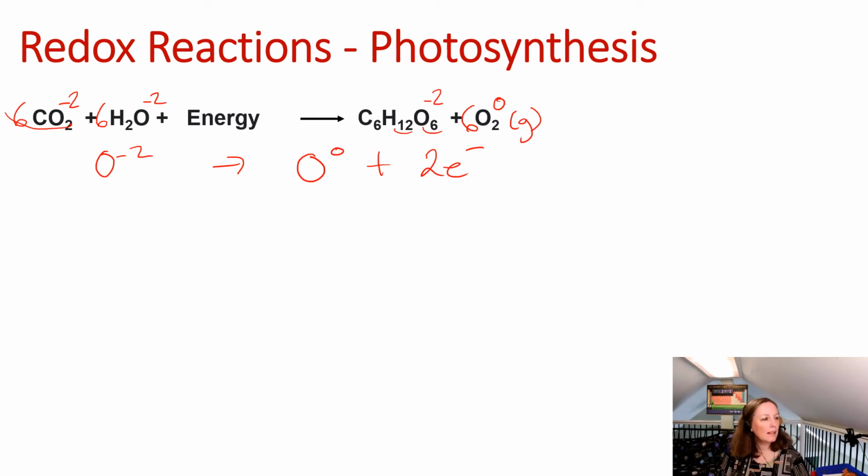Now let's look at the carbon. In order for this carbon to balance to get a 0, a +4 state for carbon would balance off 2 times -2. So +4 plus -4 gives you your 0. So we know we have a carbon +4 state.